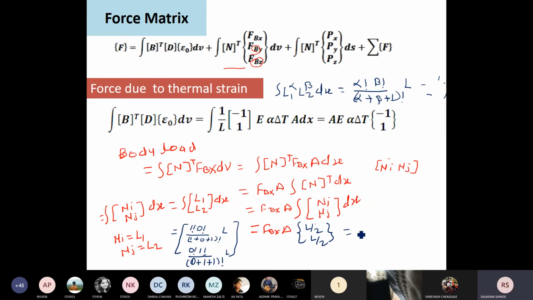Now this becomes FB A L by 2 into 1 1. Am I right? If you have doubt, you can ask me, I will repeat this once again. FB A L by 2 into 1 1. Have you got it?